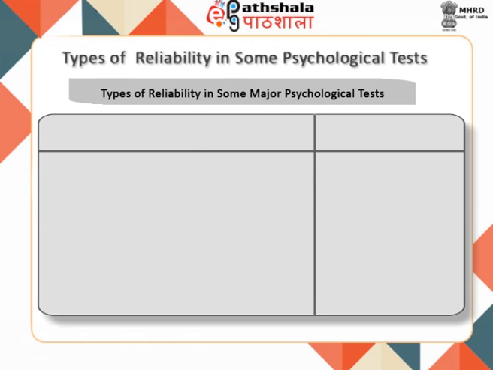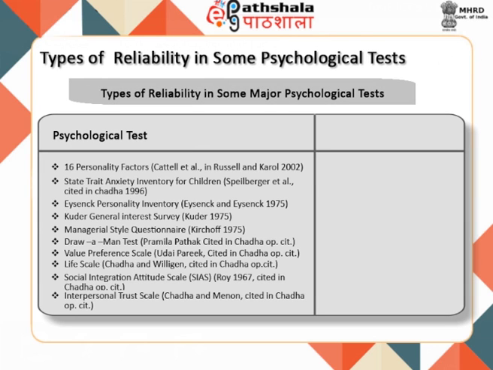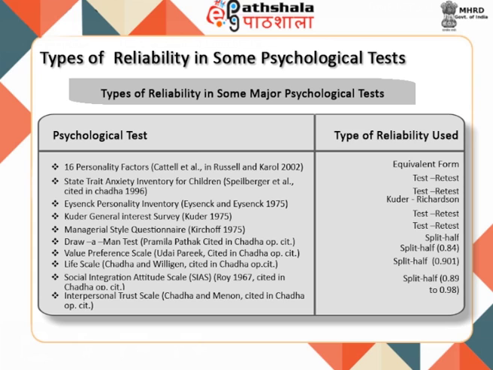Types of reliability in some psychological tests. Different types of measures of test reliability are used depending upon the nature of the psychological test in question. Let's consider some examples. 16 Personality Factors by Cattell has equivalent form, that is, parallel or alternate forms reliability coefficient.